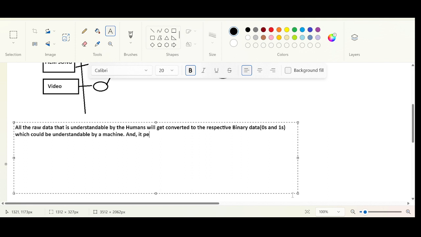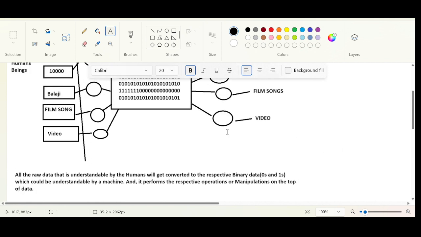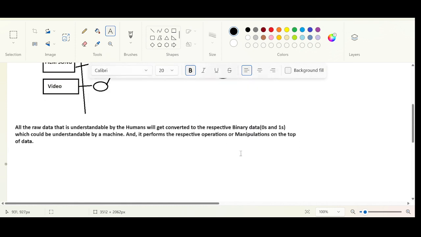And it performs the respective operations or manipulations on top of the data. As simple as that.